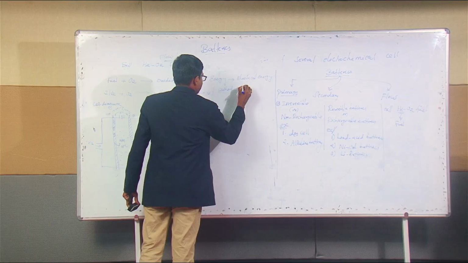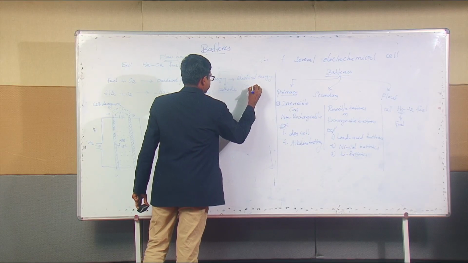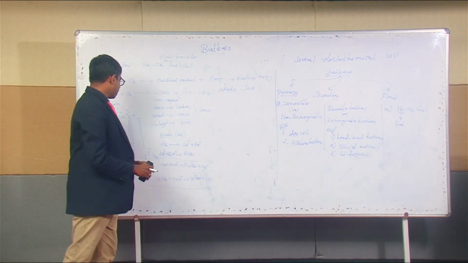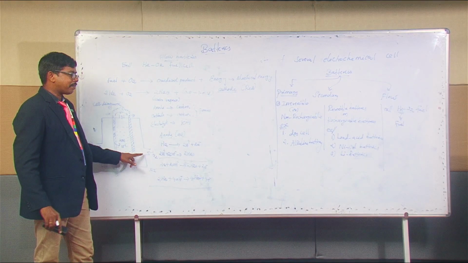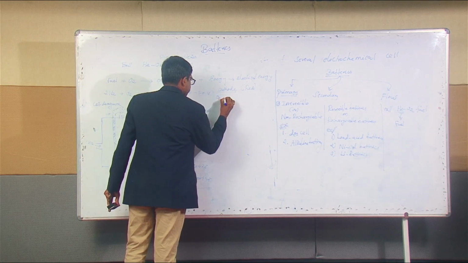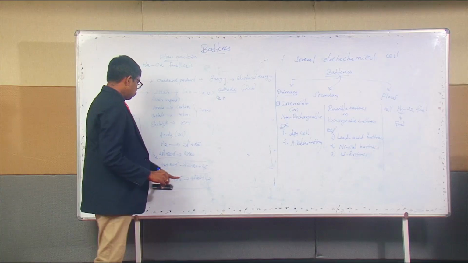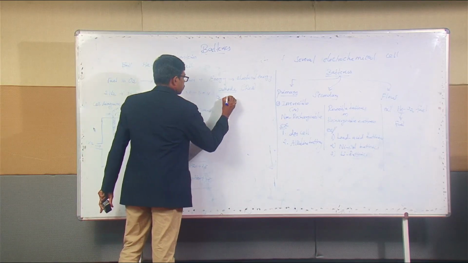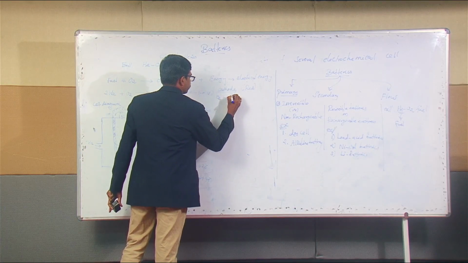At the cathode, reduction takes place. We bubble oxygen toward this compartment. Oxygen takes up the 4 electrons from the anode.